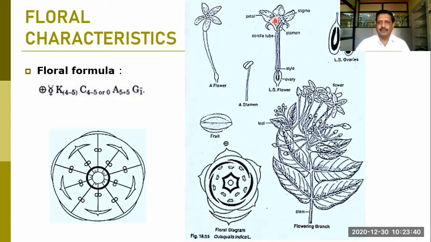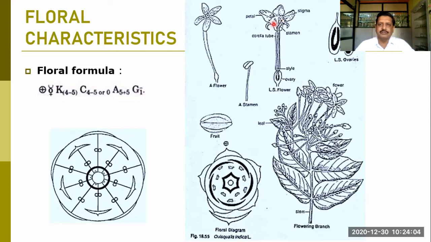Here, when we talk about the LS of the flower, you can observe the ovary, a unilocular ovary. This is the style passing through the calyx tube. Then this is the corolla tube, and the style passes through the corolla tube. Here we can see that the calyx is almost deciduous, and because of that, it is not present here.